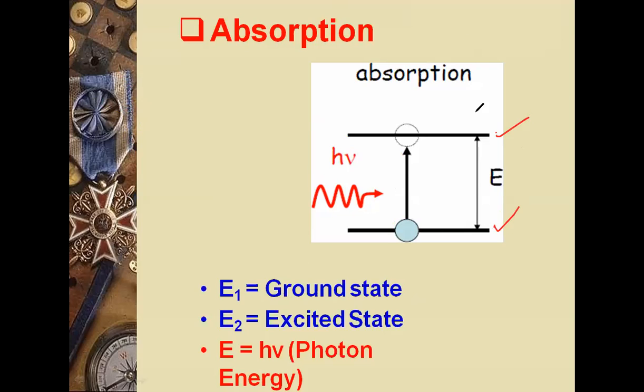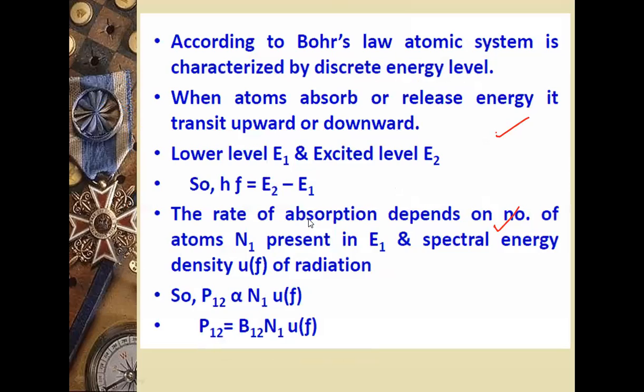Now you understand this. Then moving on to another state, so what is the absorption state? I'm going to discuss here a little bit. According to Bohr's law, in an atomic system, what happened?